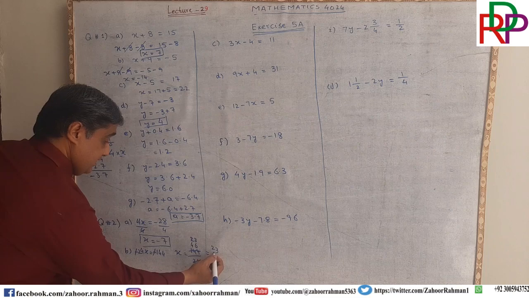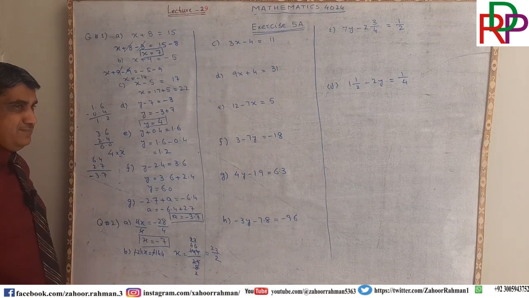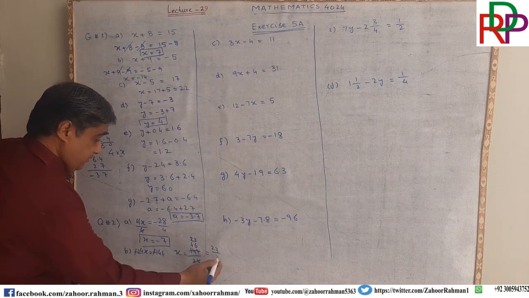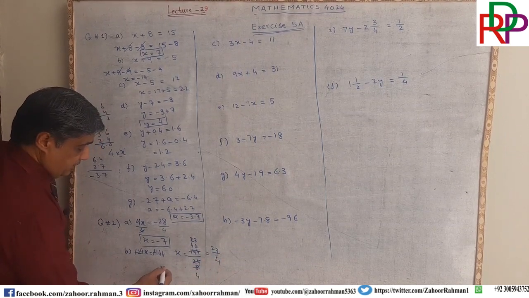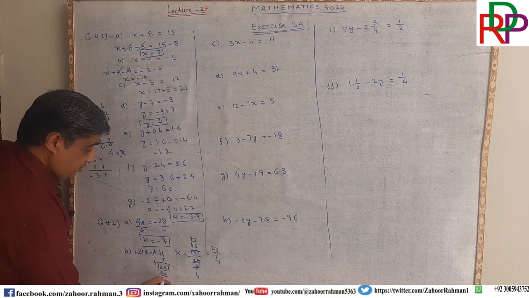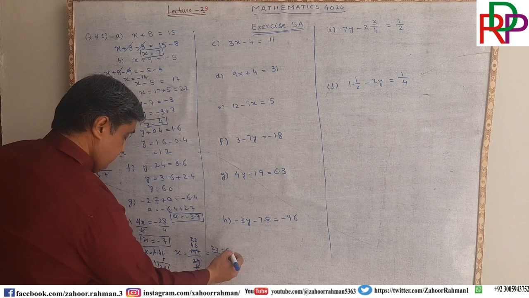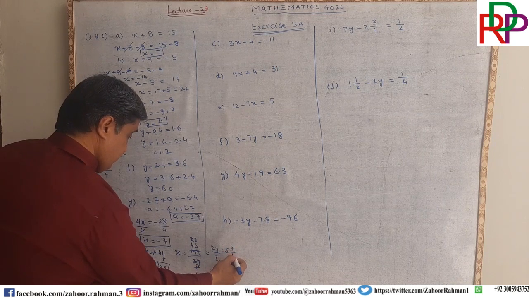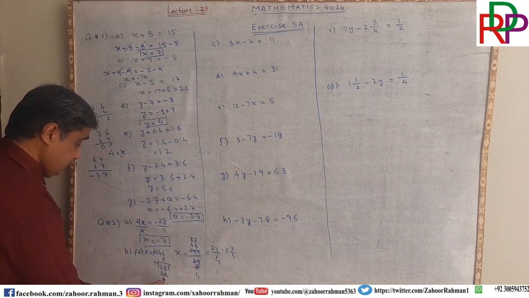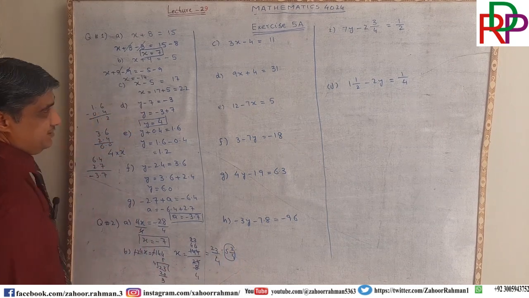So 23 divided by 2 is there. And when we divide it by 4, 23 divided by 4, the ultimate answer will be 5 whole 3 over 4. So 5 whole 3 over 4 is the value.